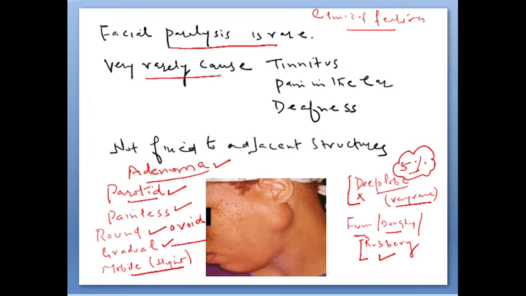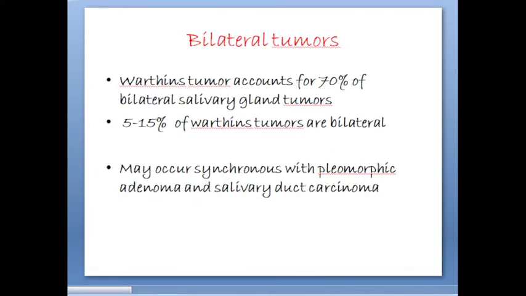Very rarely it causes pain, deafness, or invasion of surrounding tissues. Warthin's tumors are not fixed to adjacent structures. Warthin's tumor accounts for 70% of bilateral salivary gland tumors.